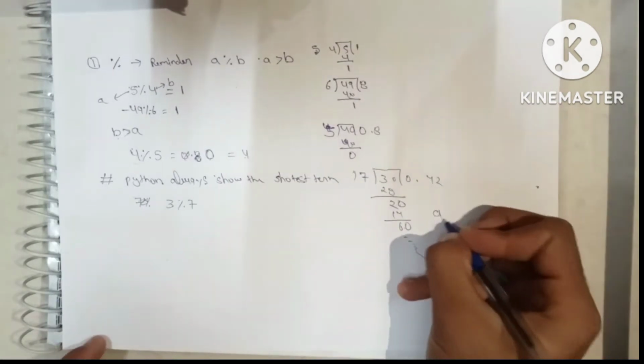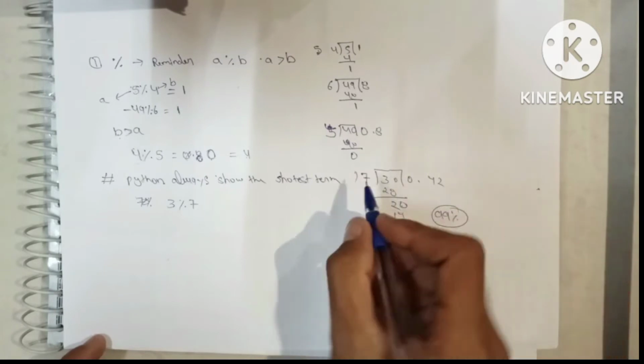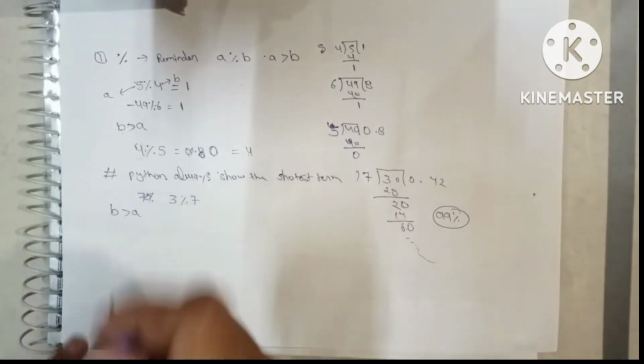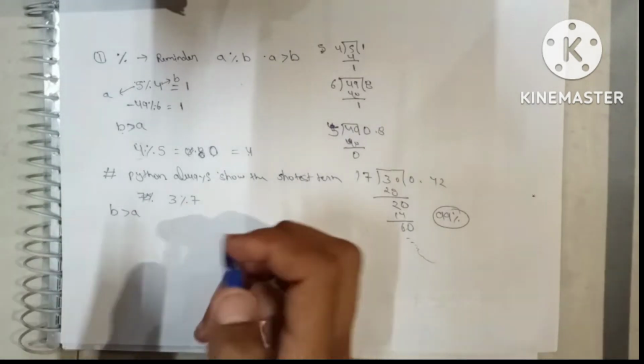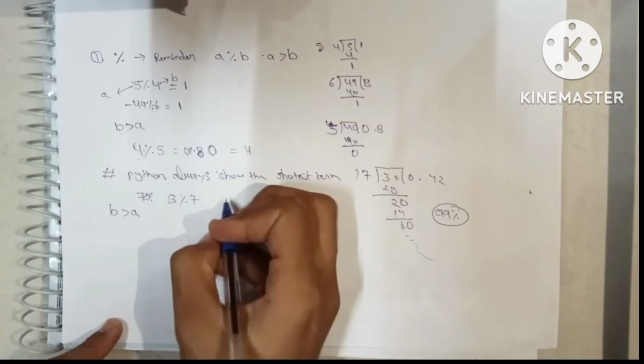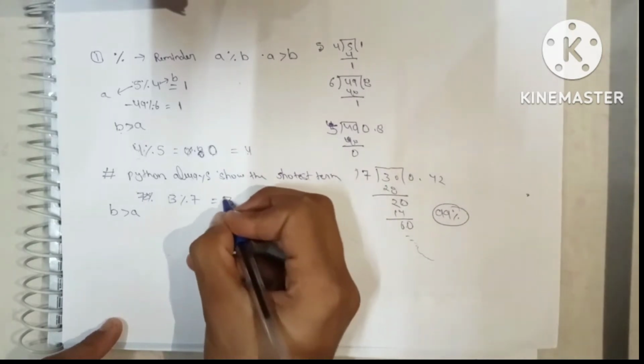In 99% of the cases, this condition is undefined. What is the condition? If b is greater than 0. So that's why Python always gives the answer that is the shortest term of the modulus operator. So the answer of this is 3.